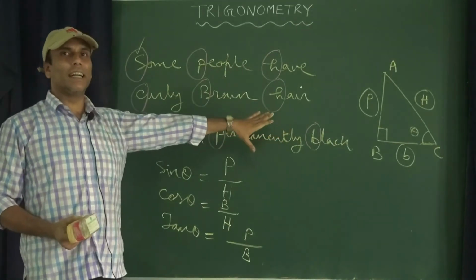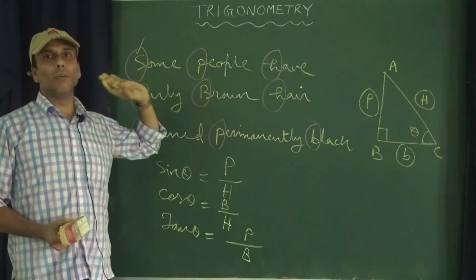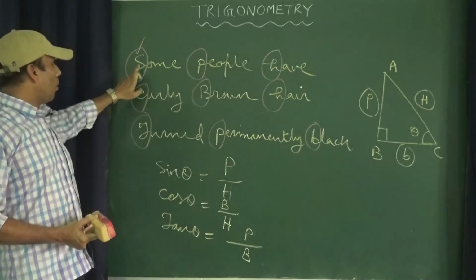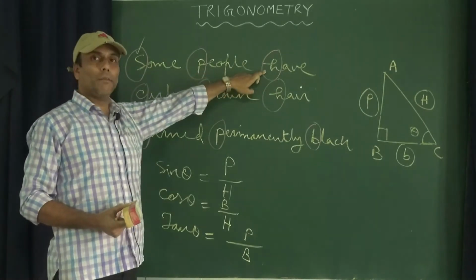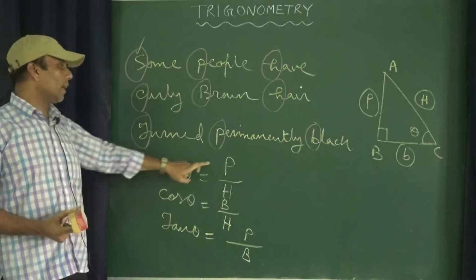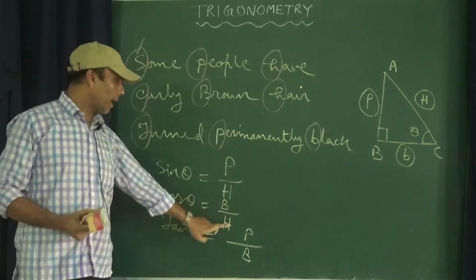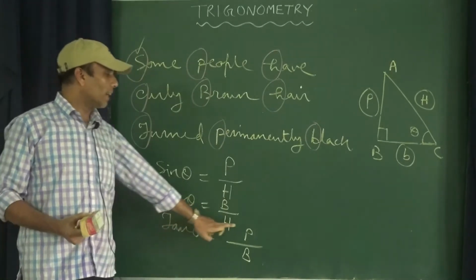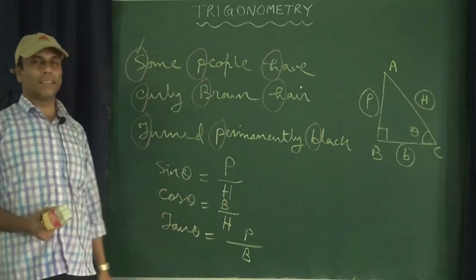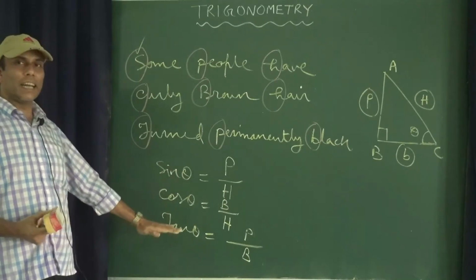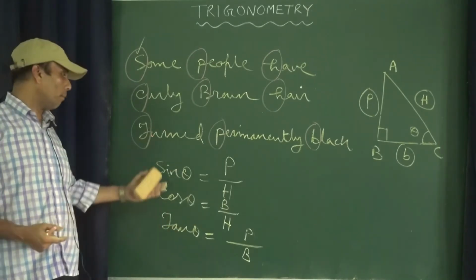Once you will read this sentence, your all confusion will go away, because all first letters from each word if we take, that will give us sin theta equal to perpendicular by hypotenuse, cos theta equal to base by hypotenuse, and tan theta equal to perpendicular by base. Once we will get these three, then the remaining three we can make from these three only.